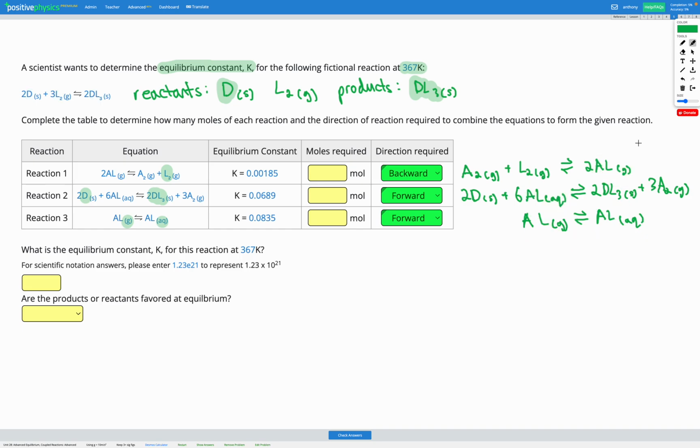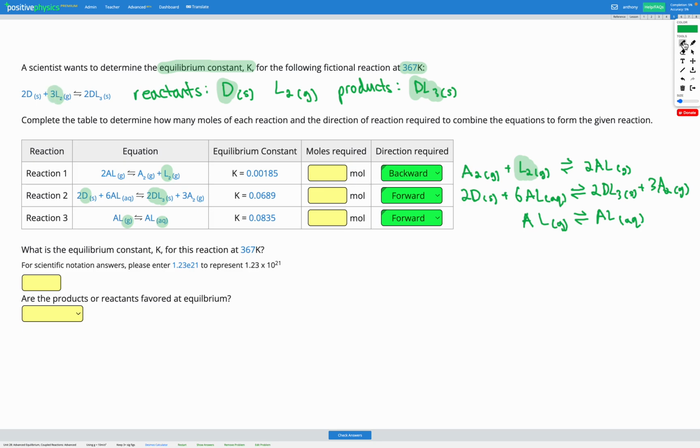Okay, so our next step is figuring out how many moles of each reaction we need to add up to give our goal reaction. In reaction step 1, we've got L2 in our reactants. That's the only place L2 appears in any of our steps. And we know from our reaction up here, we need 3 L2.